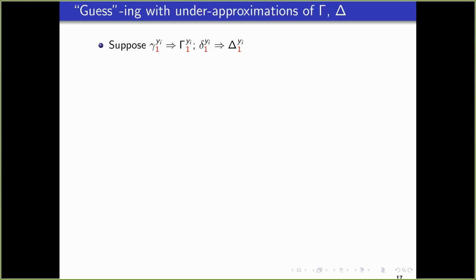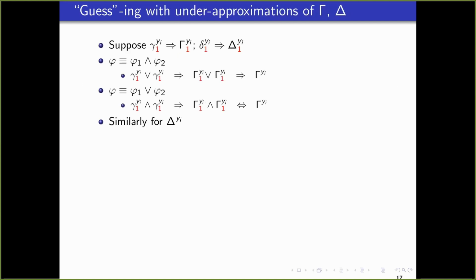Okay, so how do we work with that? So basically we say, okay, I'm going to work with under approximations. Let's say this little gamma is the under approximation of the real gamma, little delta is the under approximation of the real delta. So when I take the disjunction of the little gammas, then I get an under approximation of the disjunction of the big gammas, which I know is an under approximation of gamma.